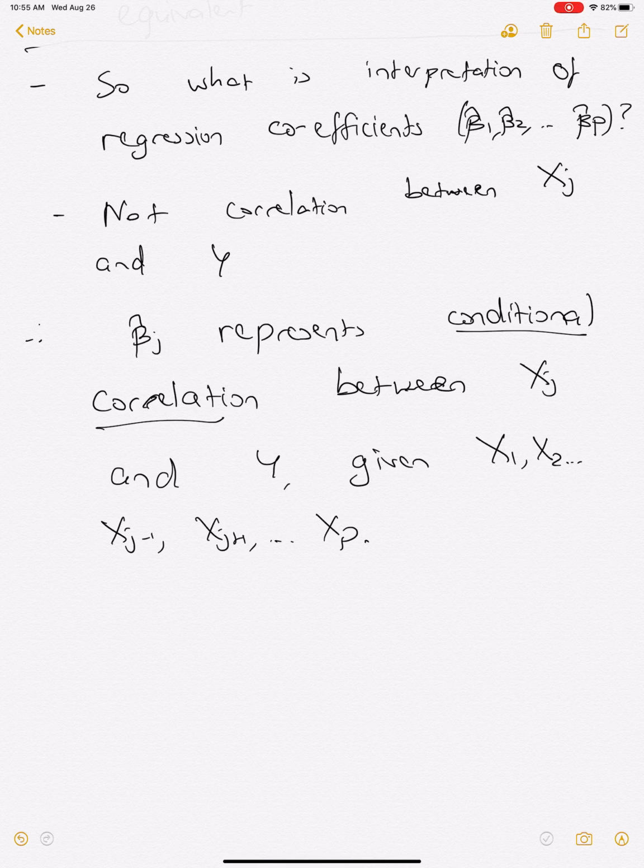Because if you imagine that you have, say, 10 variables of interest, and you want to find the effect of one of the variables on y, if you purely measured the correlation, the correlation between xj and y could easily be caused by the fact that xj might be really correlated with another variable. But what beta hat j, the regression coefficient, tries to get to is, if you condition on the others, what is the direct effect between xj and y?